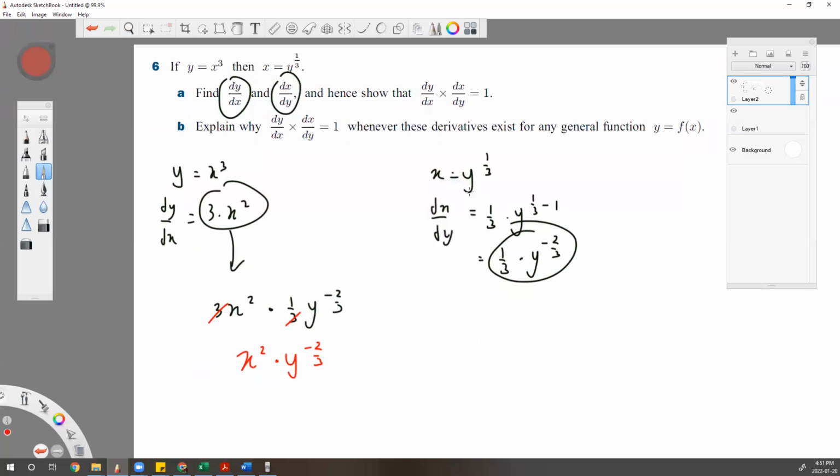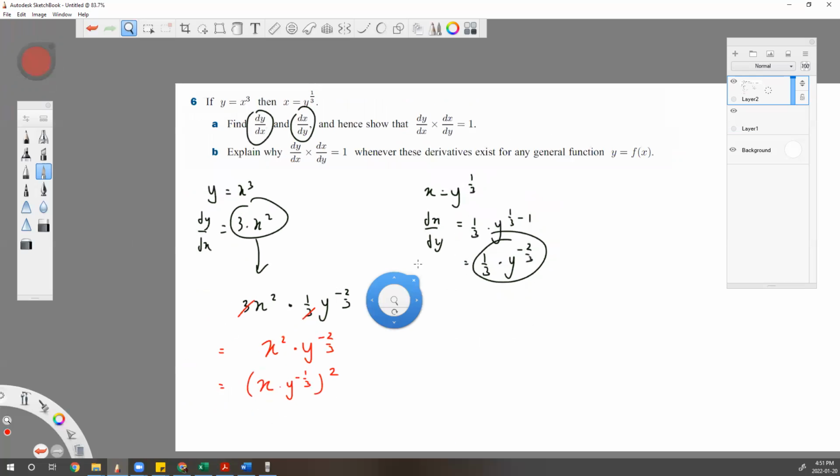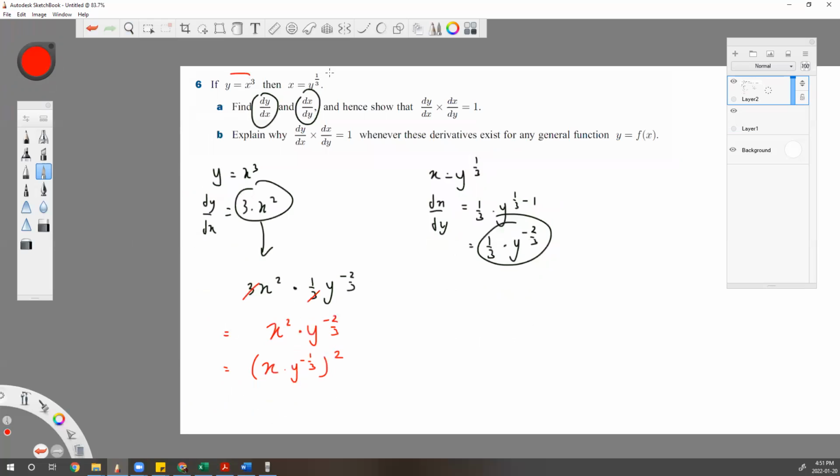Why is it 1, not done yet? So I can just write x times y to the power of -1/3, squared. I just substitute, either way. I can substitute the y. No need, I give you the easiest way.